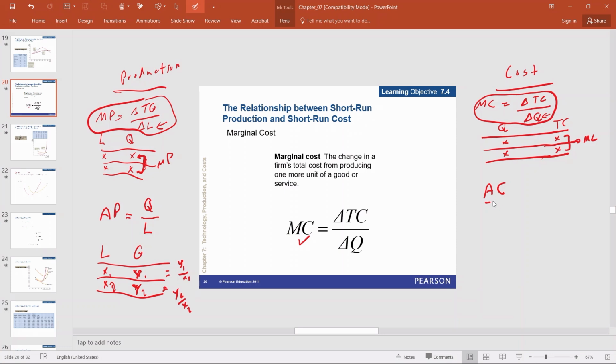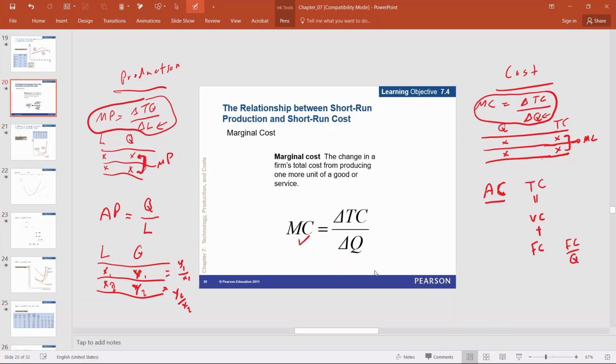Now for average cost, we have many types of costs because we are breaking them down. So you have total cost, which equals variable cost plus fixed cost. For each level you divide fixed cost over Q, quantity.